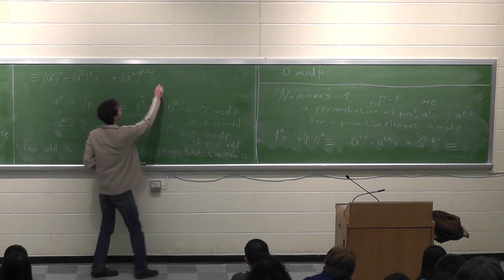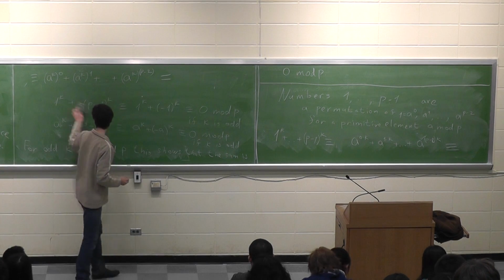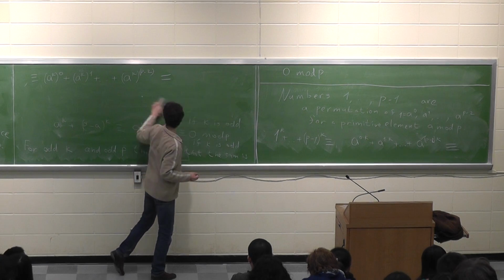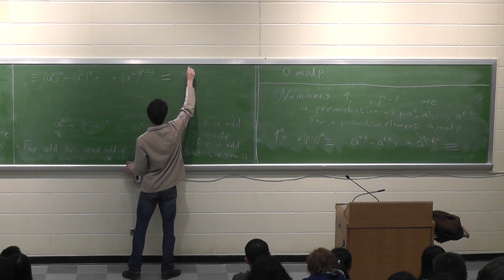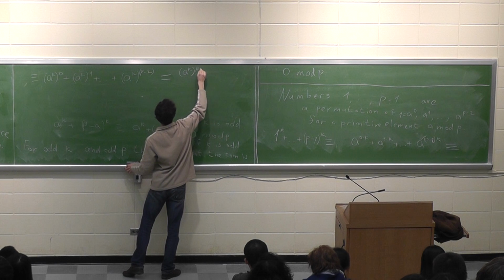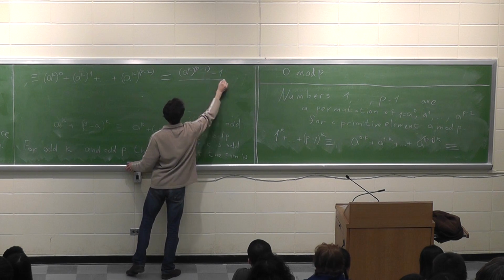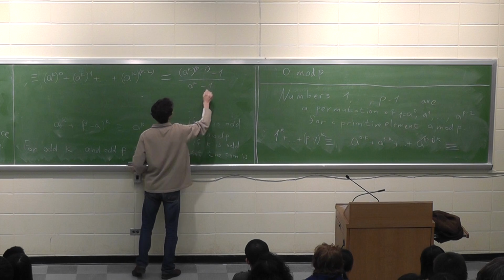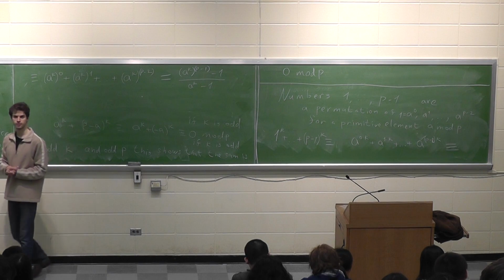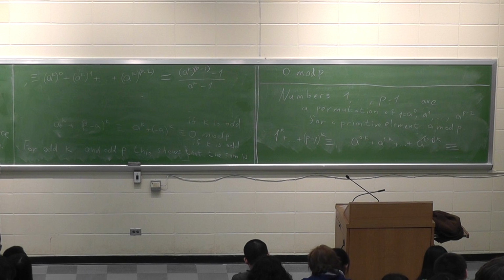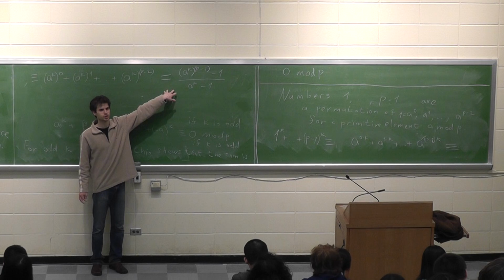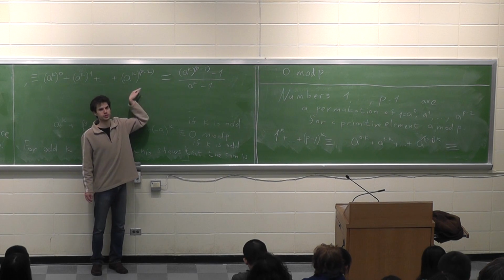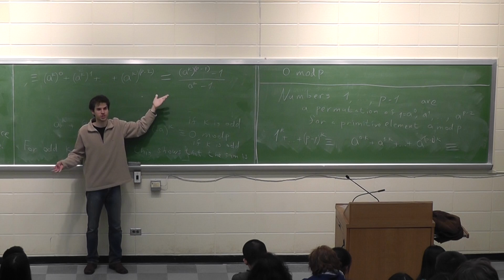So I have a formula. This thing is a to the power k to the power p minus 1, divided by a to the power k minus 1. Here I have an actual equality, not just congruence, actual equality. It's a formula written just in integers.